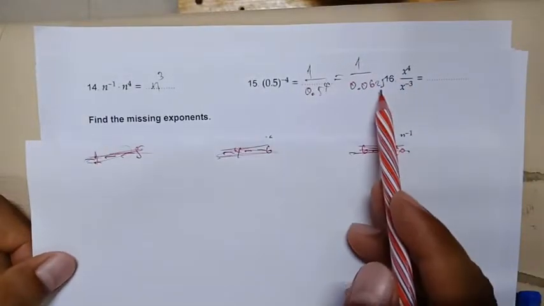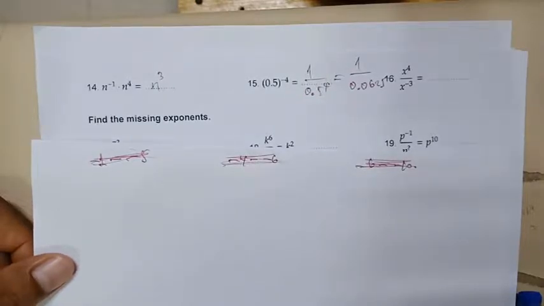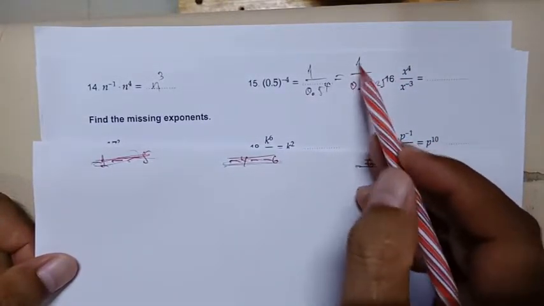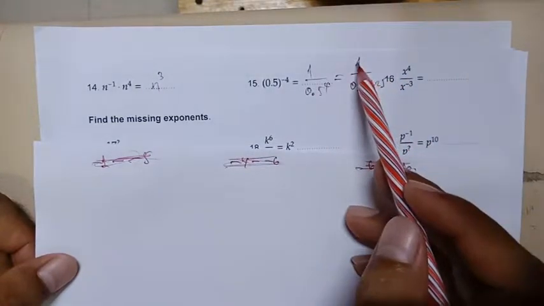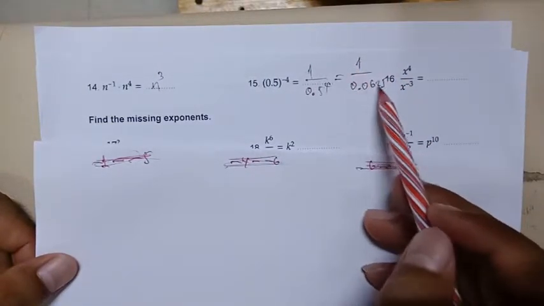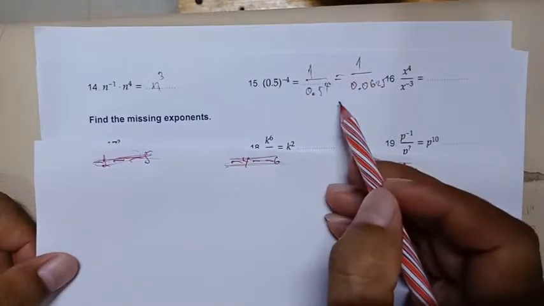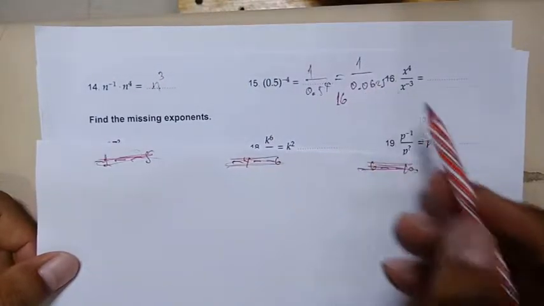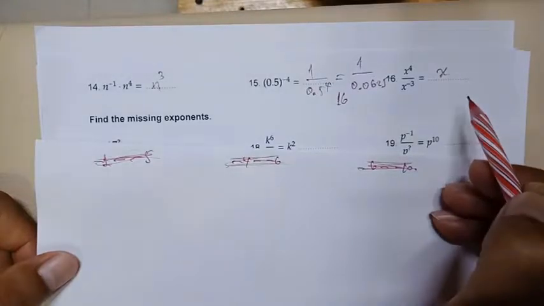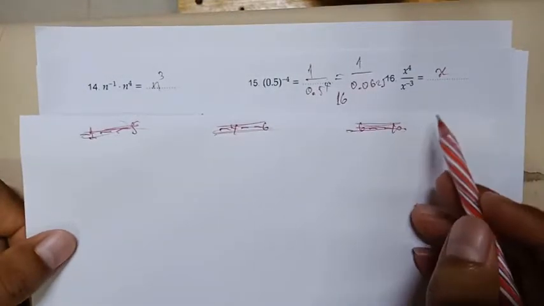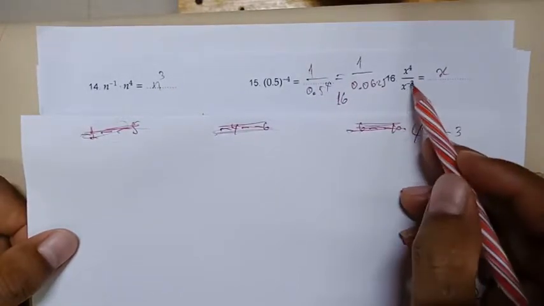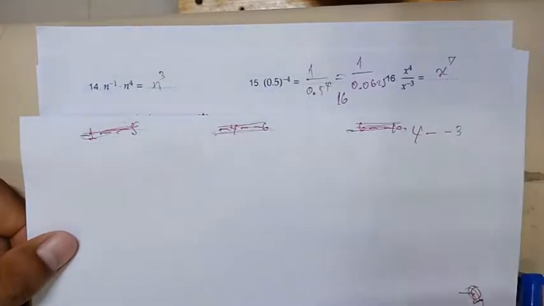If you transform this into fractions, you have this as 16, 1 over this number. If you simplify this together, because you cannot write a fraction using a decimal number, this one becomes 16 when you divide it, 1 divided by this number. Last number, x. You have 4 minus negative 3, plus, becomes 7.